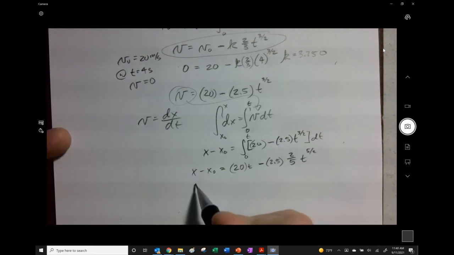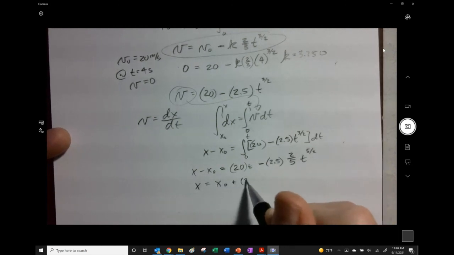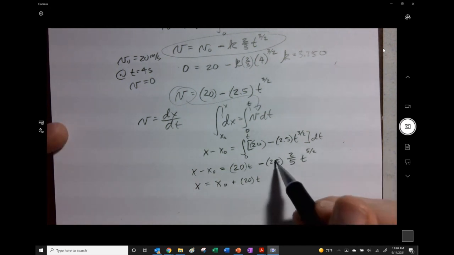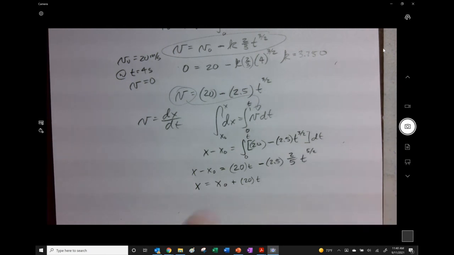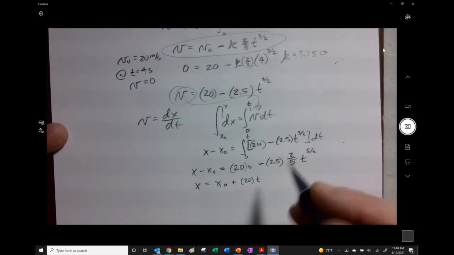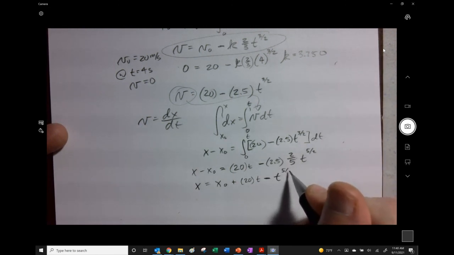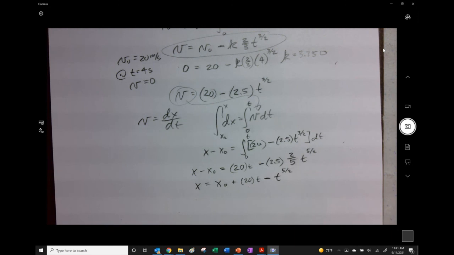So it's 20t minus t to the 5/2. Yeah, I just want to double check something right there. Yeah, so actually these kind of cancel each other out. 2.5 times 2 divided by 5 ends up being 1, right? So yeah. Interestingly enough.